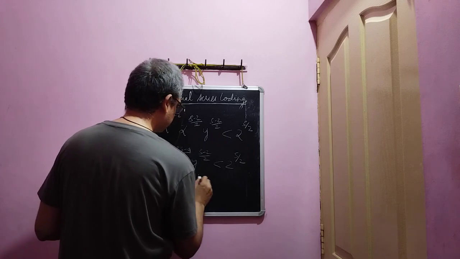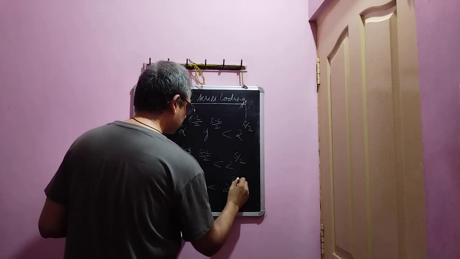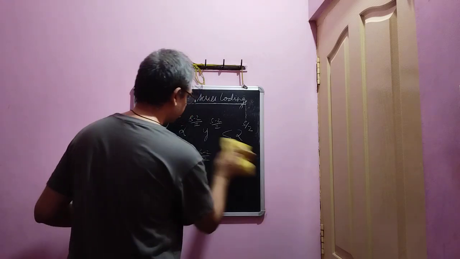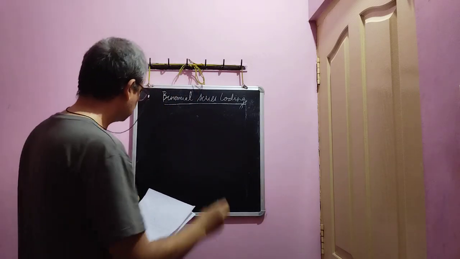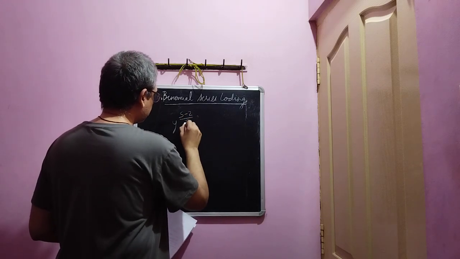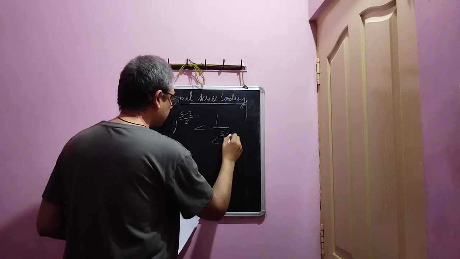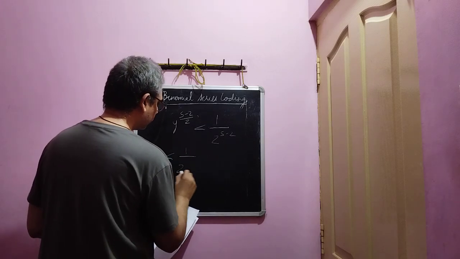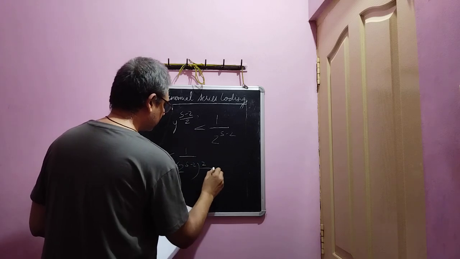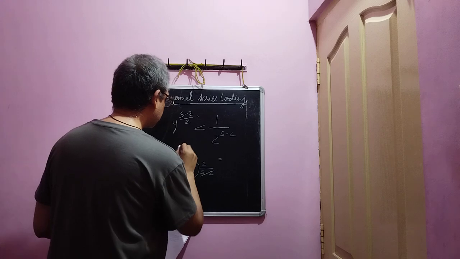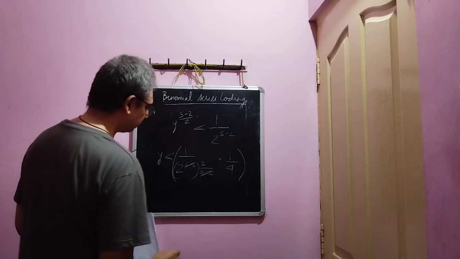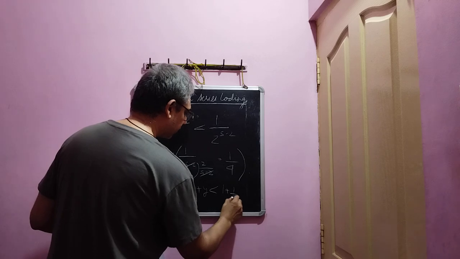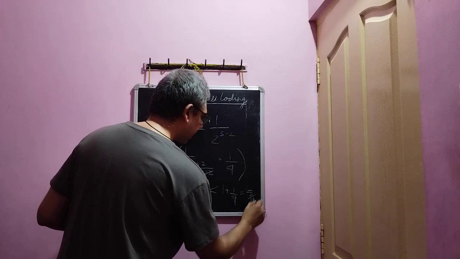Therefore y power s minus 2 by 2 less than 2 power minus s, which gives us y power s minus 2 by 2 less than 1 by 2 power s minus 2, or y less than 1 by 2 power s minus 2 times 2 by s minus 2 is equal to 1 by 4, which gives us x equal to 1 plus y less than 1 plus 1 by 4 equal to 5 by 4.